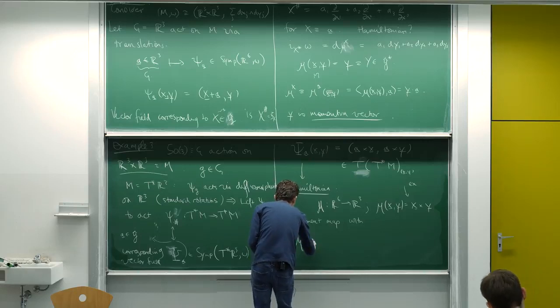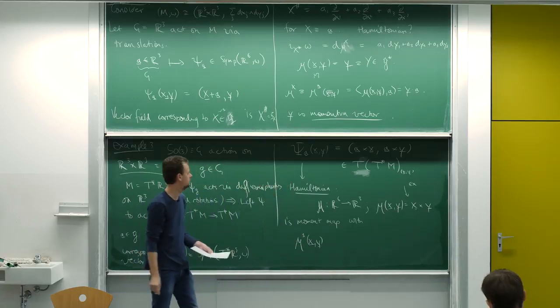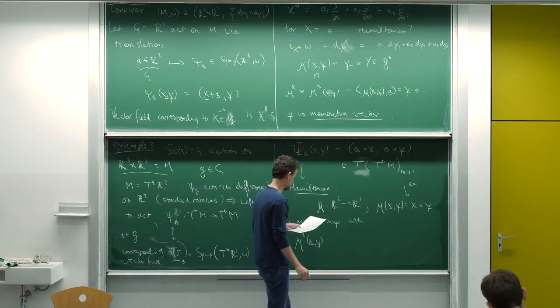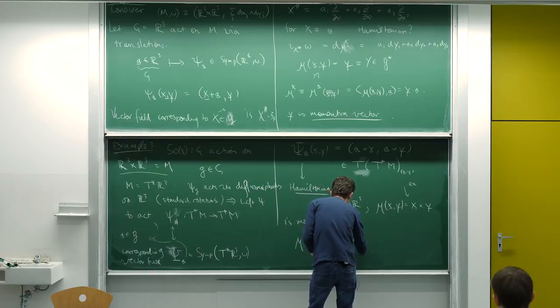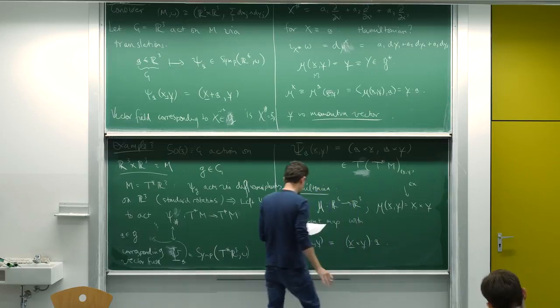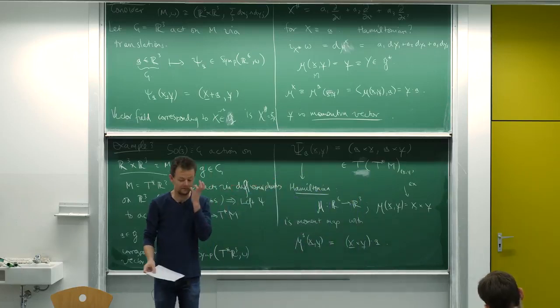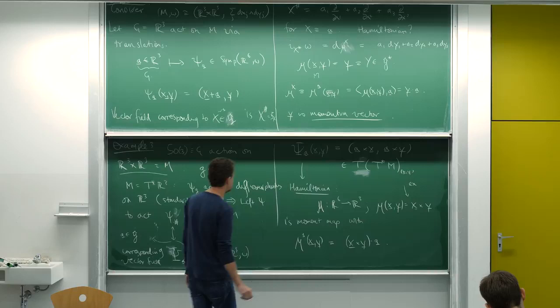Put in the generator of the rotation, A, and you get back the following formula. And we have a name for this map. It's called the angular momentum.